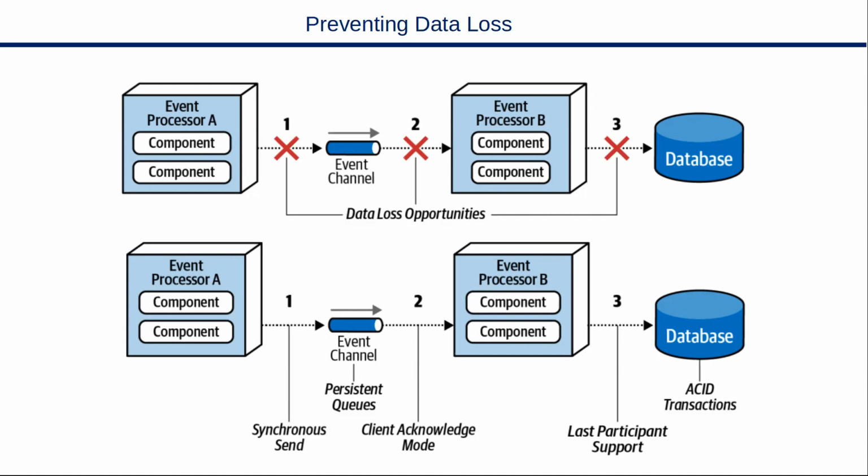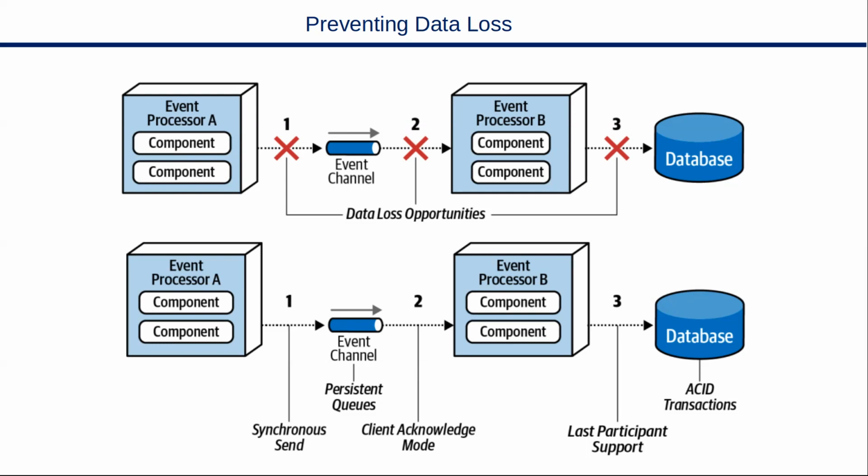By data loss, it means that the message gets dropped or never makes it to its final destination. Hopefully, there are some techniques that we can leverage to prevent the data loss, but still we have to pay attention that it can happen. This is also one of the trade-offs.